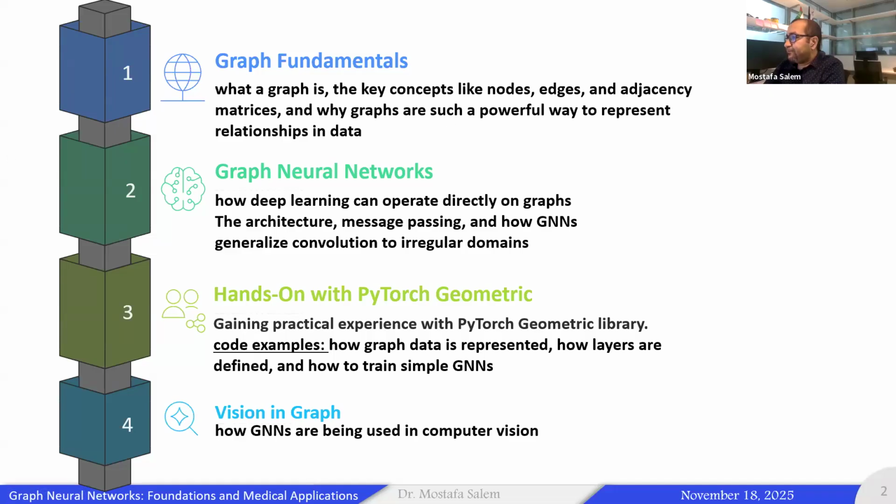Finally, we will explore vision in graphs, where I will discuss how GNNs are being used in computer vision, how to deal with images using graphs. And by the end, you should have both a conceptual understanding and a practical sense of how to apply GNNs in your research domain.